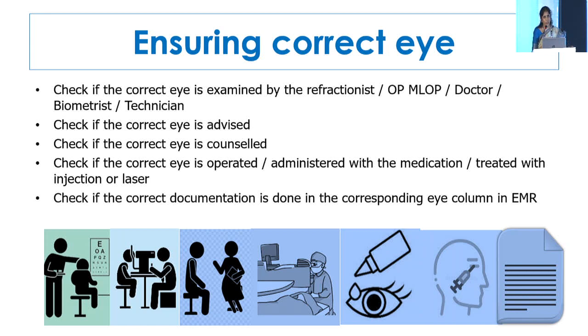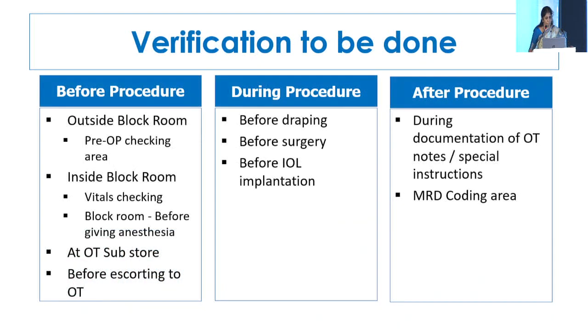Why each of this is mentioned is because at any point during caregiving, this mistake can happen, more so if it is being handled by different staff, and typically that's the case. Even if you have 2 or 3 staff, one staff does not do 100% of the work. They may be doing multiple touch points, so it's important at every touch point that this verification is done.